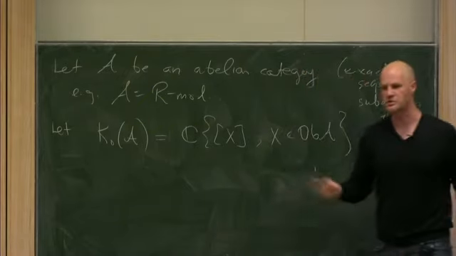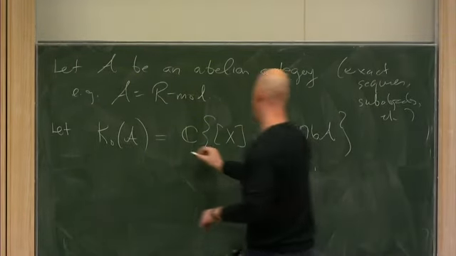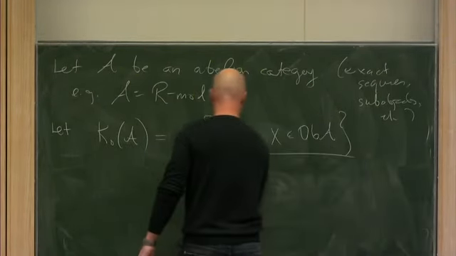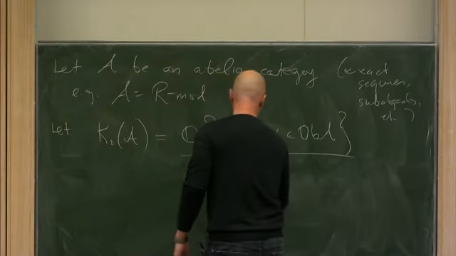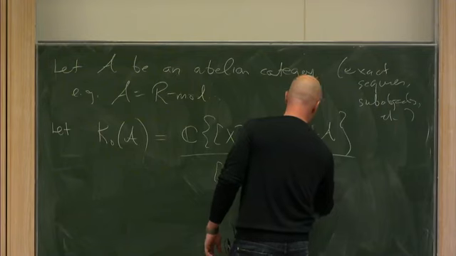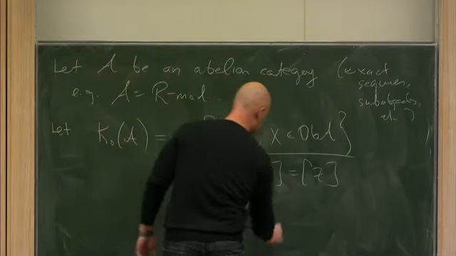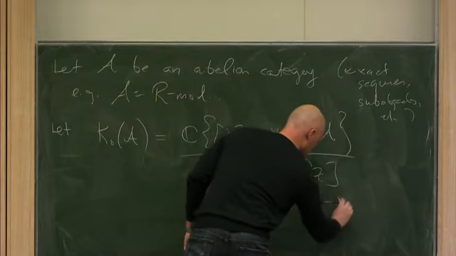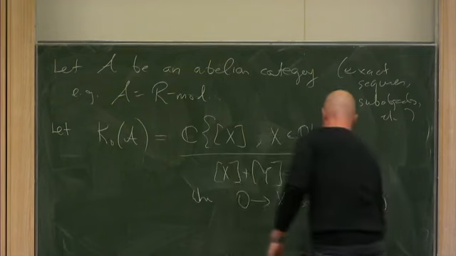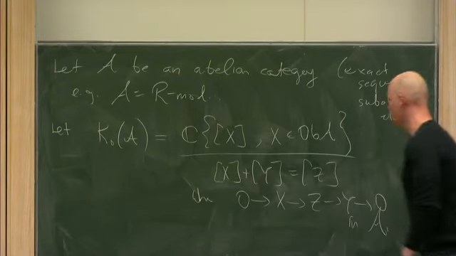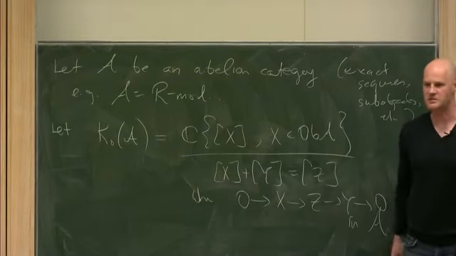This is some sort of huge complex vector space. But then I'm going to mod out by the relation that x plus y equals z whenever there's an exact sequence 0, x, z, y, 0 in A. So every time I have an exact sequence, I impose this relation on the vectors.